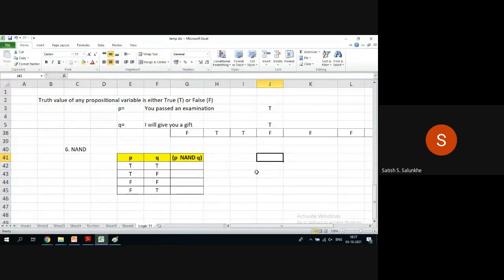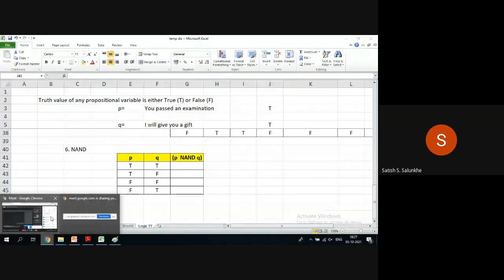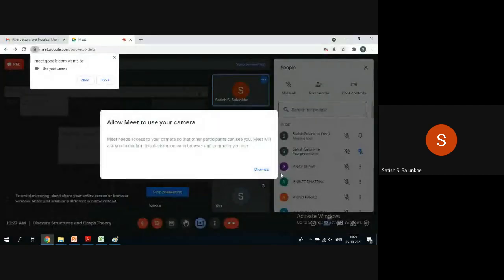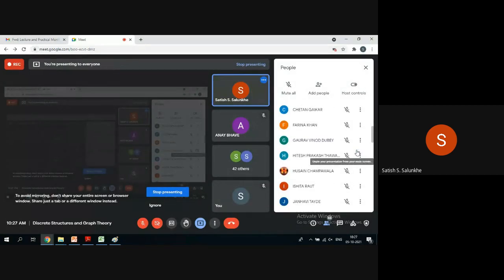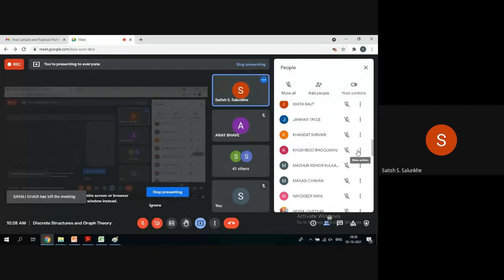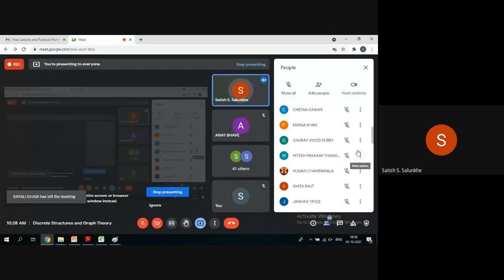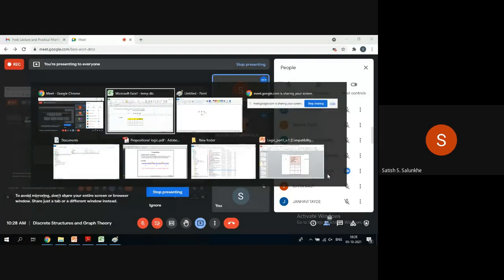Yeah, anyone can unmute and tell me. Shravani, can you unmute and tell me what is NAND operation? I am sure you have learned this in your digital logic design. Am I audible or not? Yeah, Hussein, unmute yourself and tell me what is NAND operation.